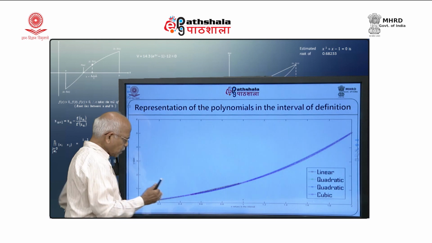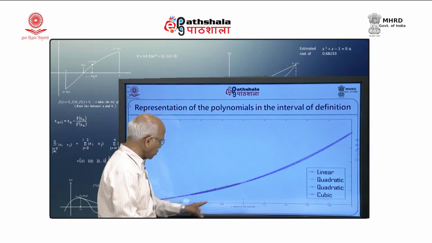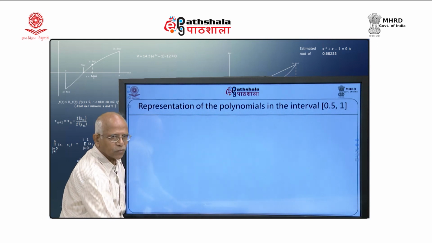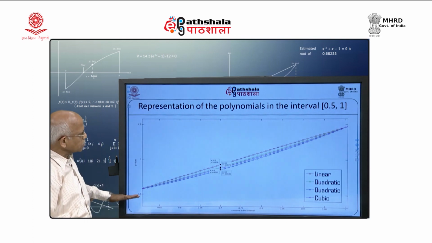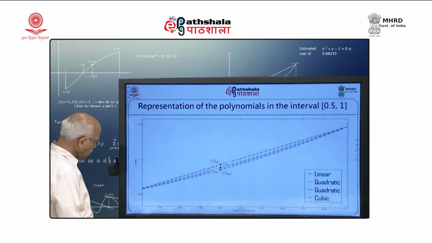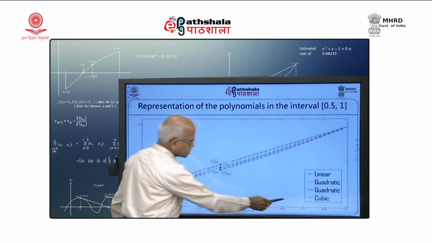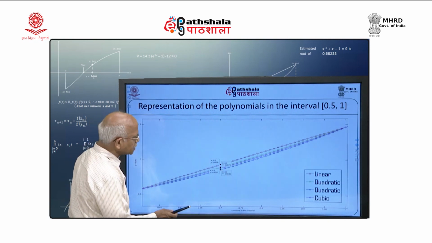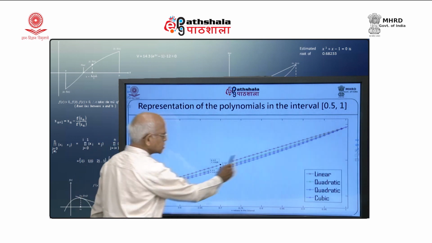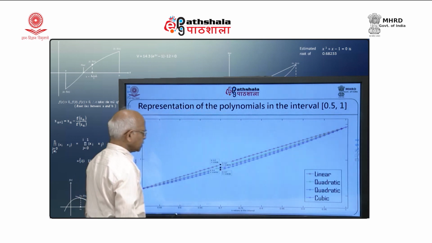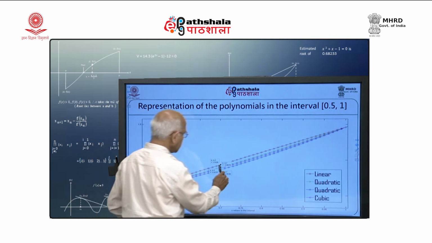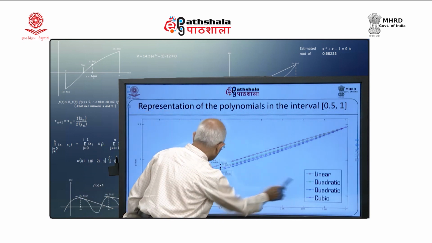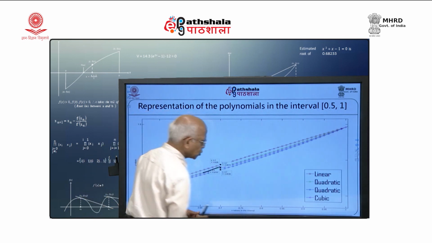The smallest interval here is 0.5 to 1. If I restrict my graph to this smaller interval, it will give you a clear picture of what is happening. So, this is 0.5 and this is 1. You can see the linear interpolation is given by this particular line. Then there will be the green quadratic, and another quadratic given by the blue color, and then the cubic will be magenta.